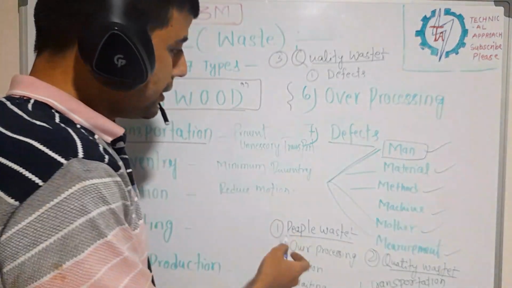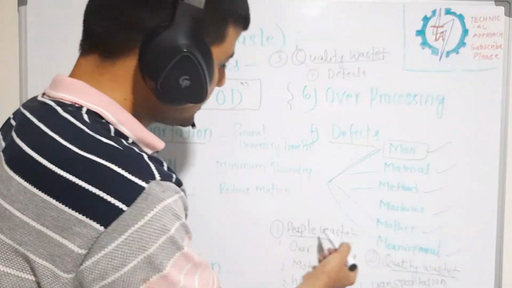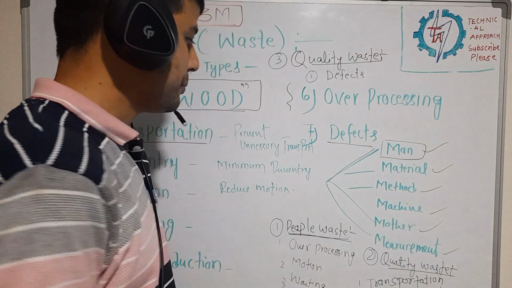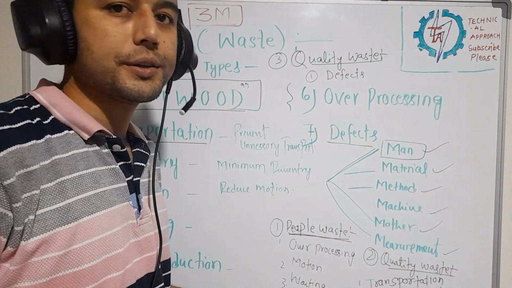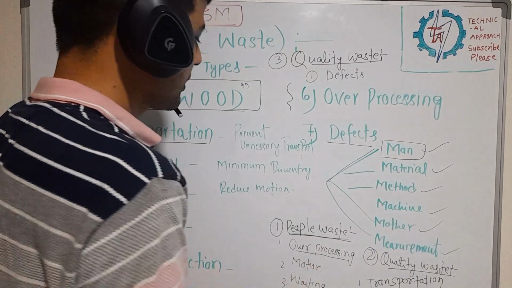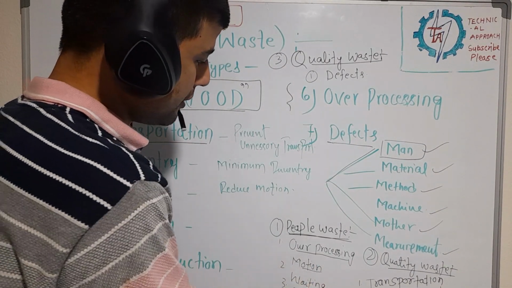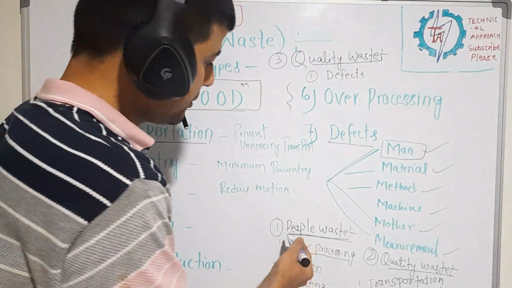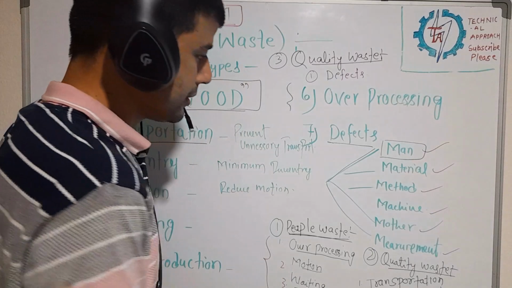We categorize all these wastes. First one is people or human waste. Overprocessing, motion and waiting. It is based on human or people waste.